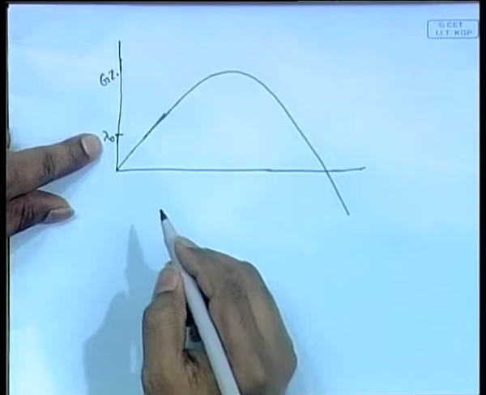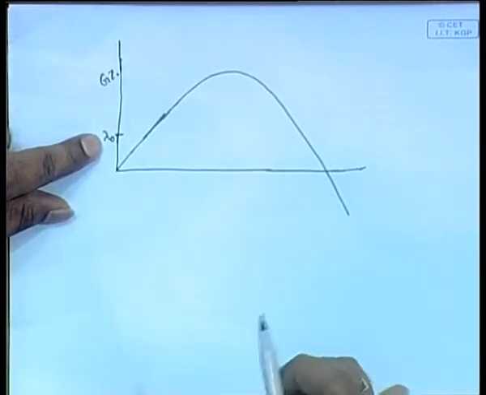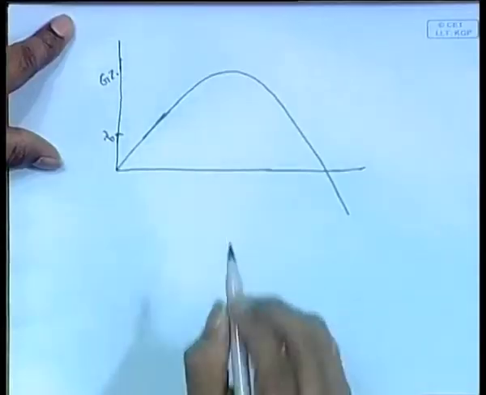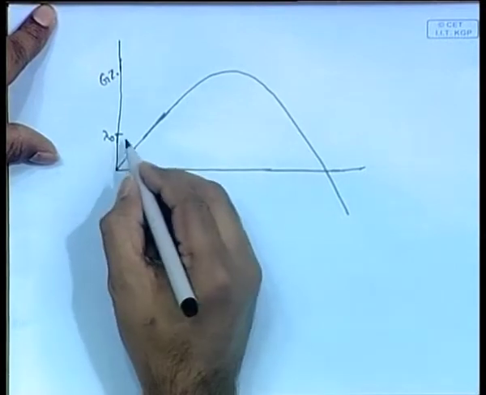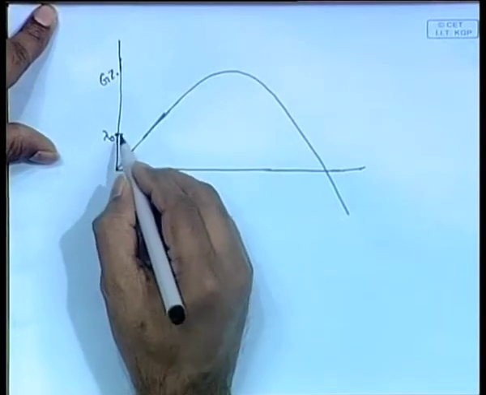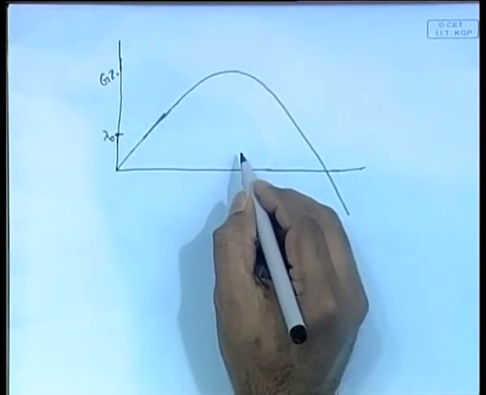Now, lambda 0, the healing arm, slowly changes when the ship heels, so the healing moment changes. Because of which the method adopted is that lambda 0 is marked here, then 0.8 lambda 0.